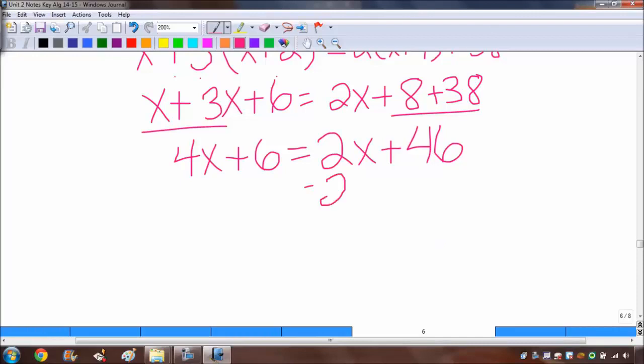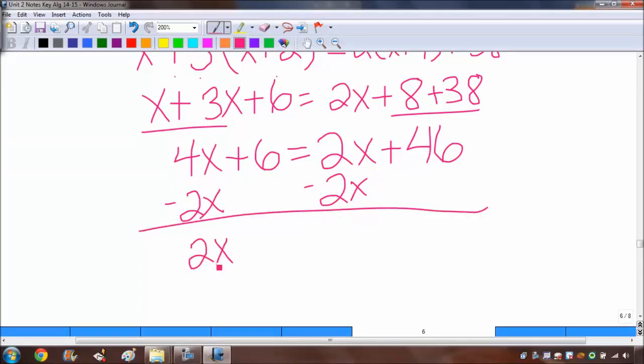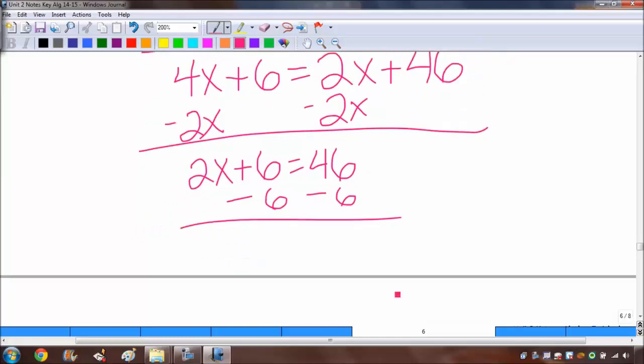Okay, subtract the 2x from both sides. So I'm going to get rid of this 2x here, subtract the 2x here. I end up getting 2x plus 6 equals 46. I can subtract 6 from both sides, and I end up getting 2x equals 40, which means that x equals 20. Now, if you get a decimal, it means something went wrong, because remember, decimals can't be integers.